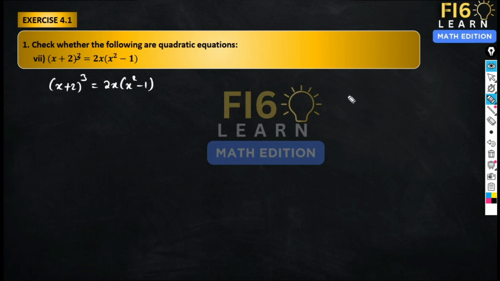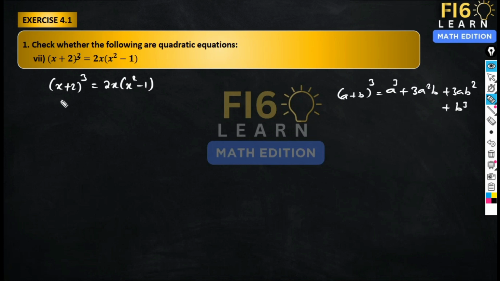It is nothing but a plus b whole cube is equal to a cube plus 3a square b plus 3ab square plus b cube. So we are going to expand the left hand side using this formula.